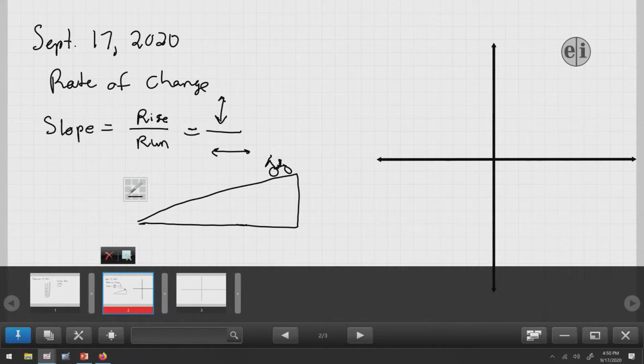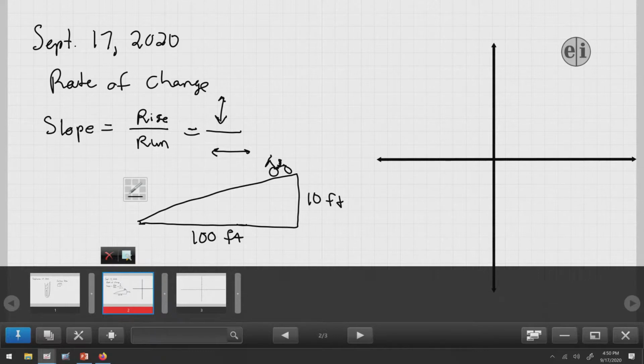And I'm going down this hill, and it has a 10% grade. That means that for every 100 feet, and I'm going to use feet in this case, that it goes to the right or to the left, it goes up 10 feet. So for every 100 feet of run, it goes up 10 feet.